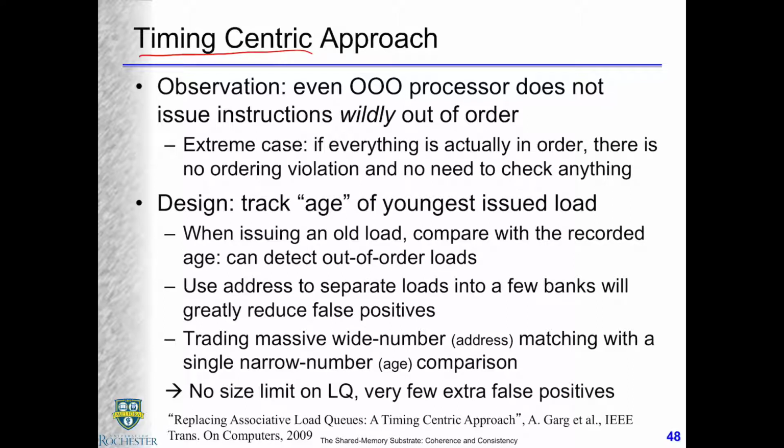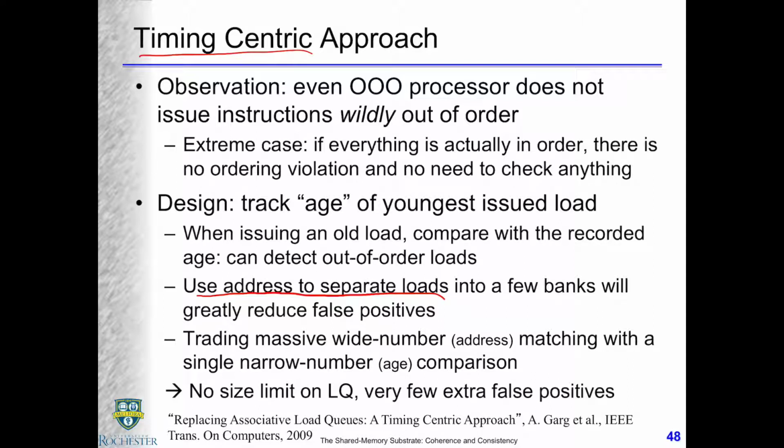And if there is, and to make sure that this is not the case more often, you make the address go to different banks by looking up some bits of the address. So even though globally the loads and stores are not necessarily in order, if you take the address and split them into a couple of banks, within each bank, the memory accesses may follow program order with higher probability.